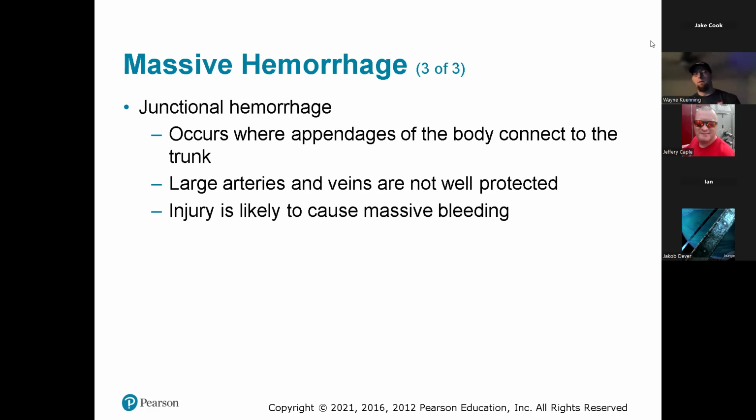And two, those areas are where some of the largest arteries and veins that lead to your appendages sit, and they're relatively unprotected because they're coming out of the cage, is what I like to call it, everything between your chin and your pelvis, out to an appendage.